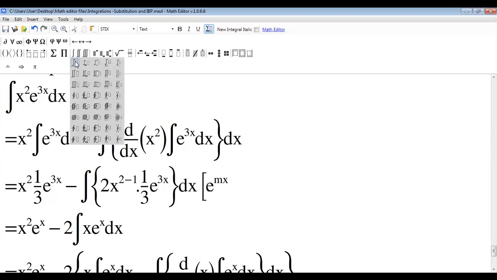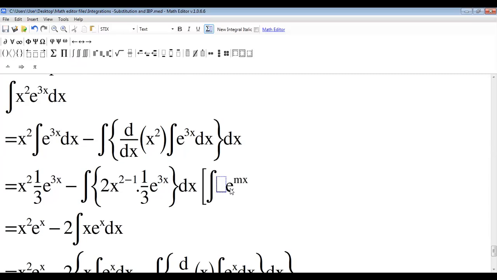This is a formula for you: the integration of e to the power mx dx equals 1 by m e to the power mx.